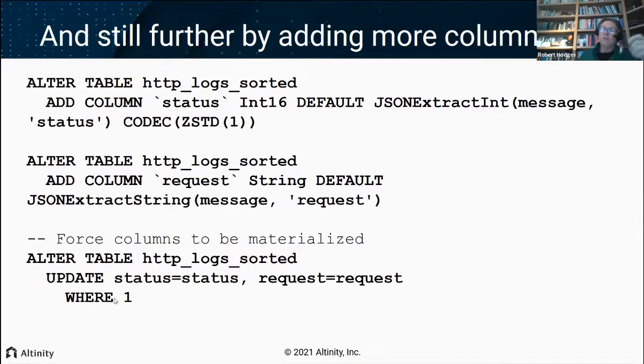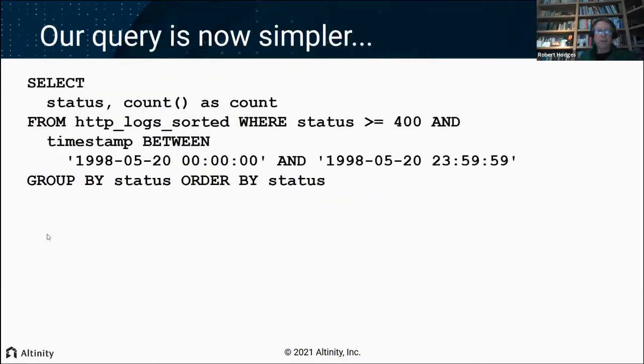What this will do is rewrite all the existing parts, and only rewrite the columns that need to be materialized, so it's pretty efficient. It does this asynchronously, which is what alter table does. So you'll get what's called a mutation, which will appear in system.mutations, and at some point in the future, hopefully not too far, you will have this data fully materialized.